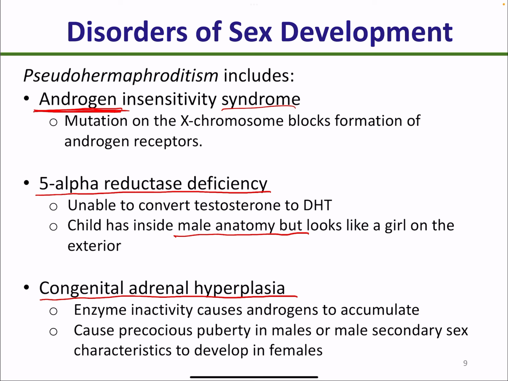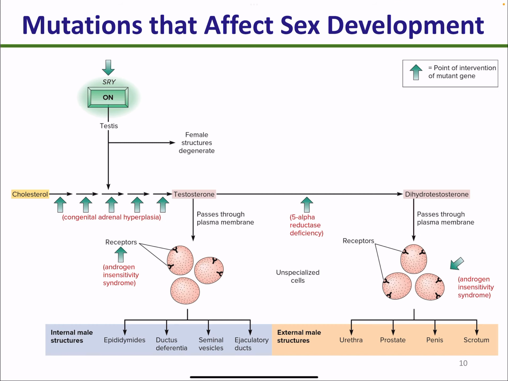This causes actually precocious puberty in male or in female. Precocious puberty that can happen at a very early age, as early as 7 years old. So now here we are going to look into the SRY gene.